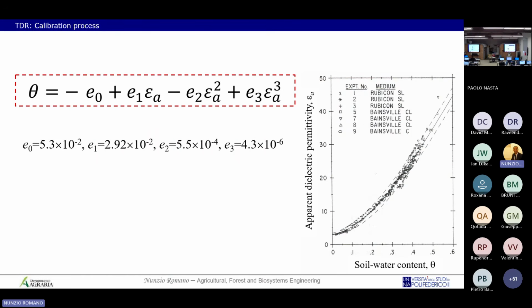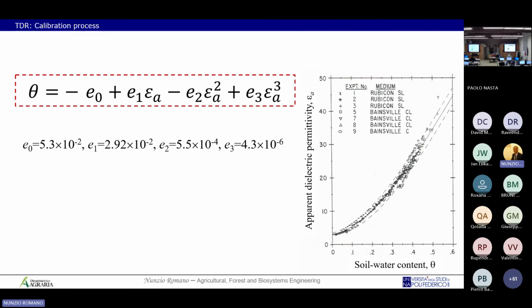And as I said before, the expertise also involves some knowledge of the measurement errors. I think it's really important to quantify the uncertainty in the coefficients E0, E1, E2, E3.